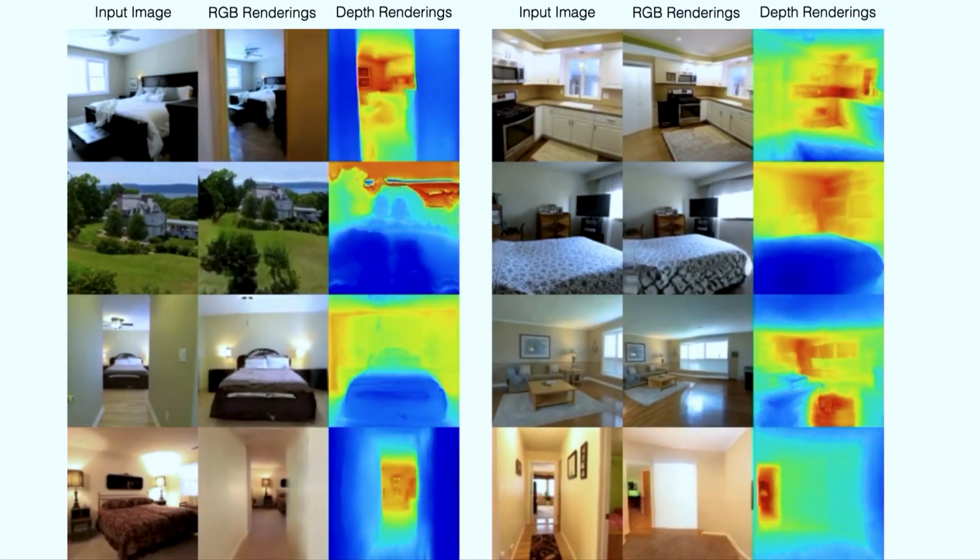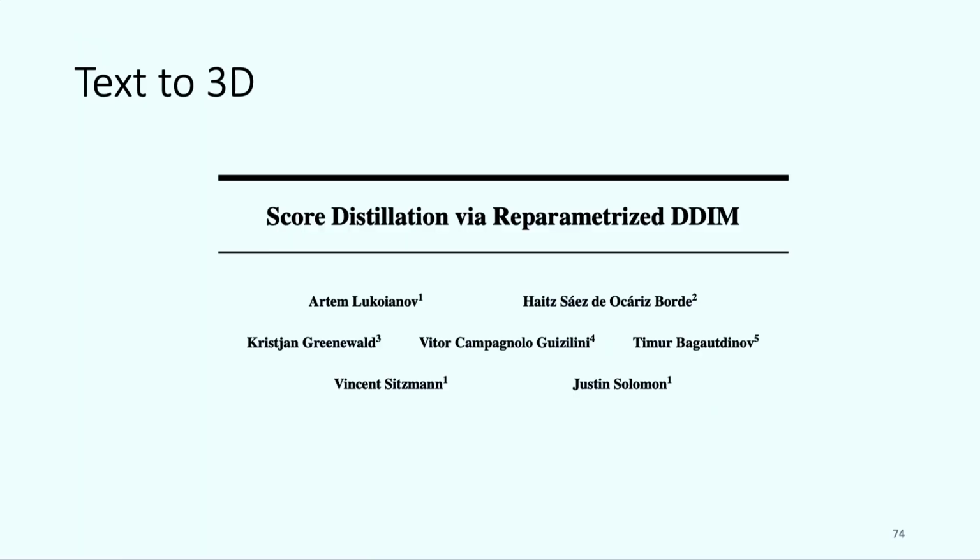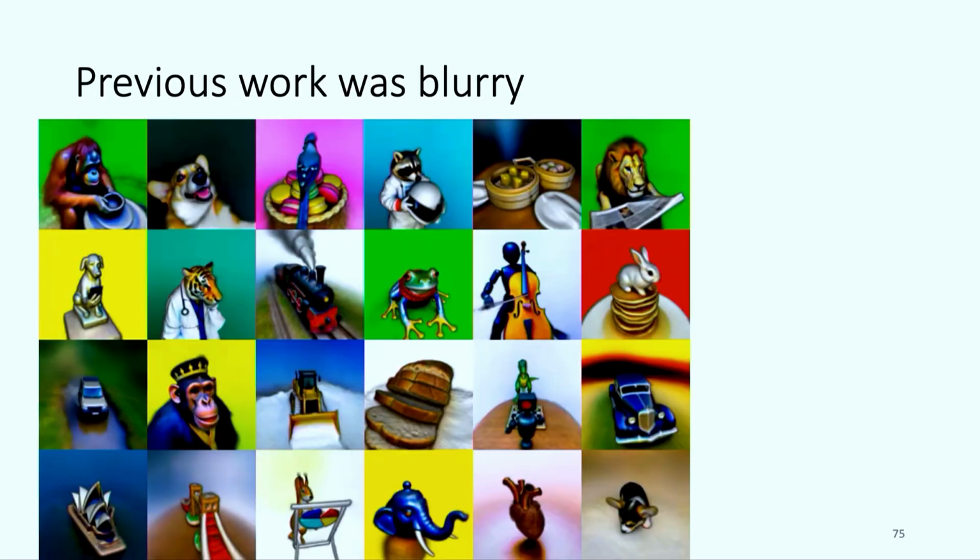All right. And I'll just advertise one more piece of work on 2D to 3D by my colleagues Justin Solomon and Vincent Sitzmann and their student Artem Lukoianov. Very, very related challenges, but in the case of text to 3D. So this is work on DreamFusion at Google, one of the first pieces of work that tried to use denoising diffusion to generate 3D data from text.